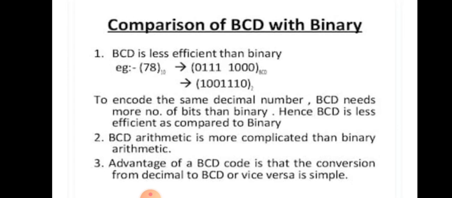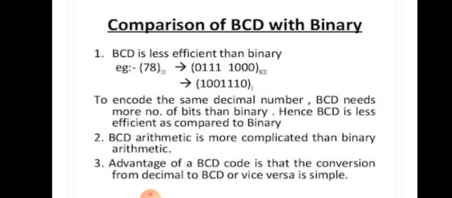That's why BCD is less efficient than binary. So this is the first point. The second point: to encode the same decimal number, BCD needs more bits than binary. Hence BCD is less efficient compared to binary.